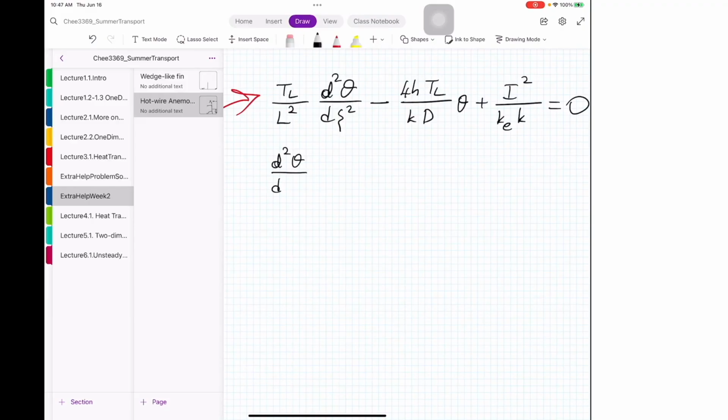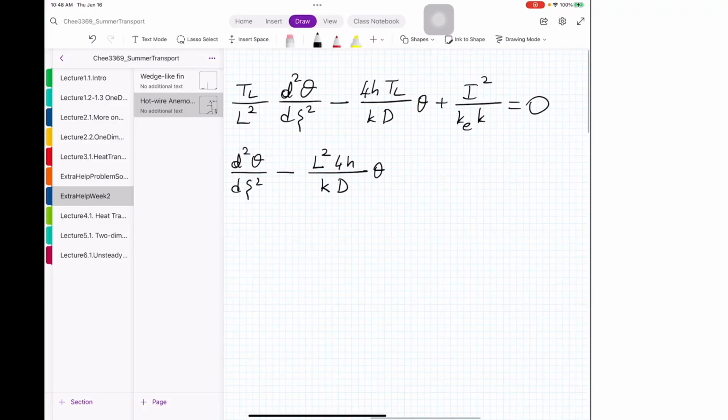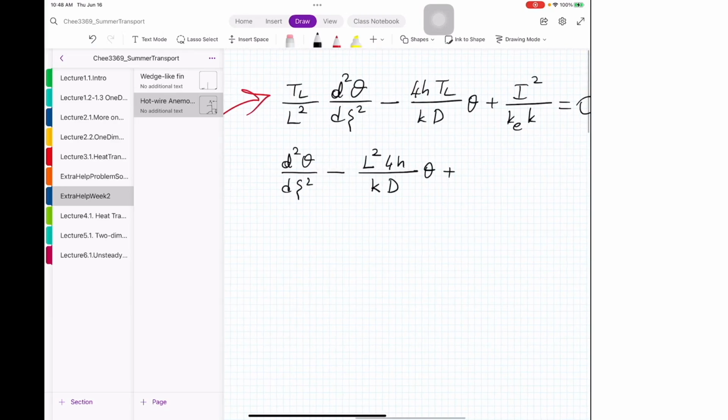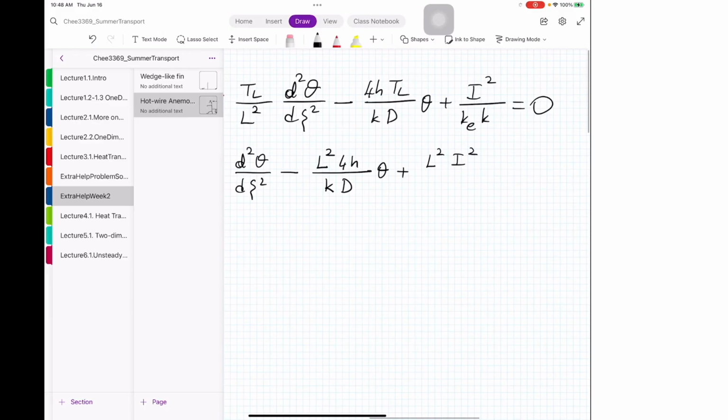So you get d squared theta over d psi squared minus L squared 4h divided by kd theta plus L squared I squared over k_e TL is equal to 0.